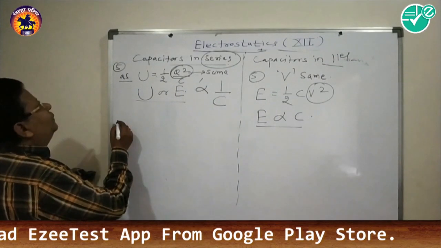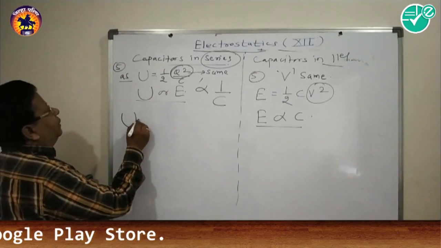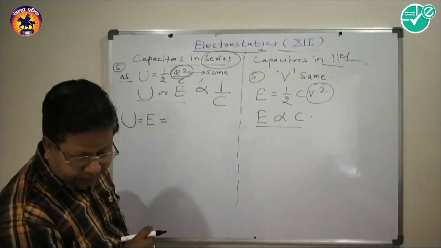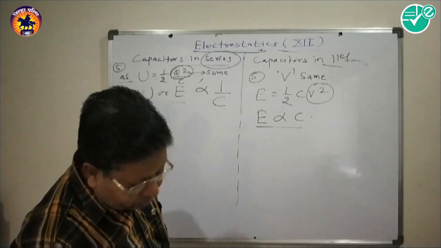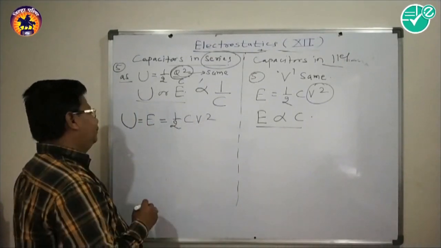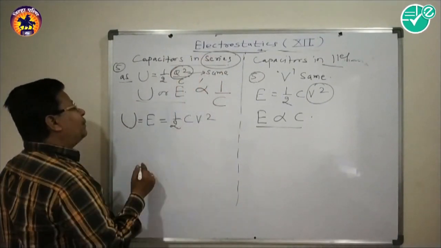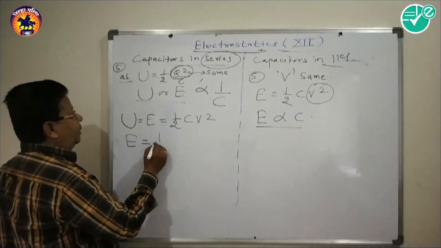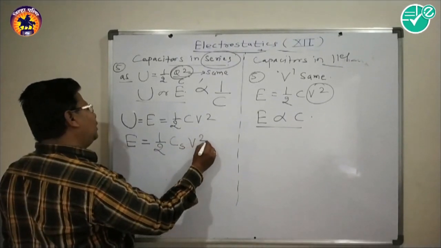Again, we observe that the energy stored by the charged capacitor is given by the formula 1 by 2 CV square. So, in series combination of capacitors, the energy stored is 1 by 2 Cs into V square.